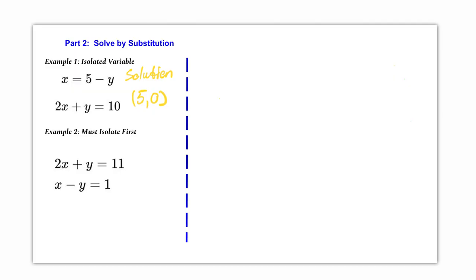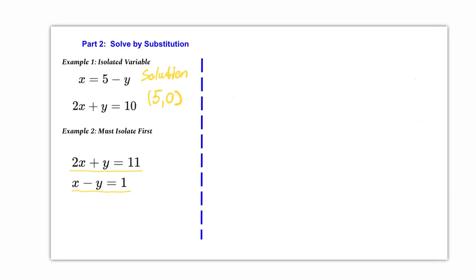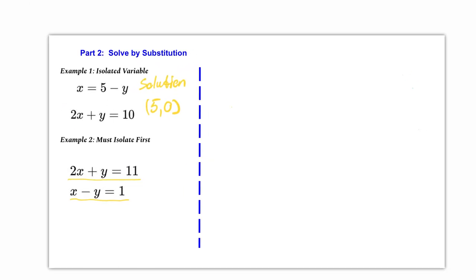All right, so on our second example, as you can see, none of the variables are isolated, which means we have to solve for one in order to find the answer. Here, to solve for x in the second equation, the only thing that we're doing is just move the y to the other side.